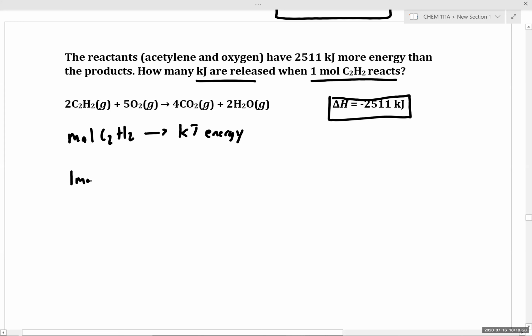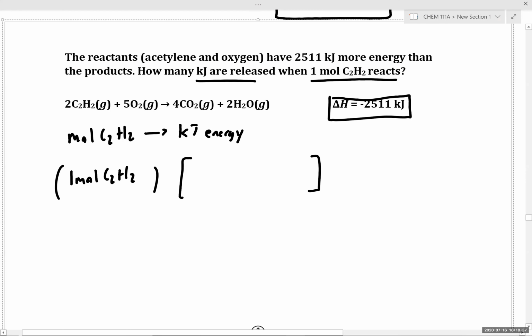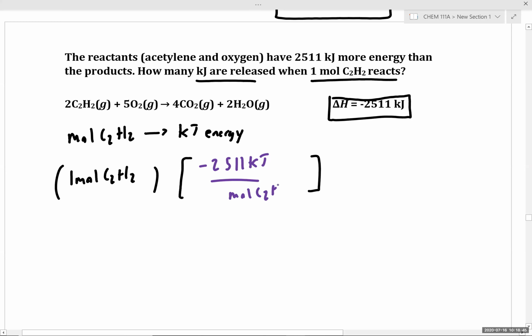So if we have 1 mole of acetylene, looking at our chemical equation, we have 2,511 kilojoules released per how many moles of acetylene that react?